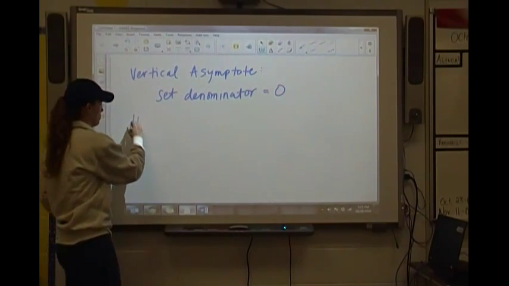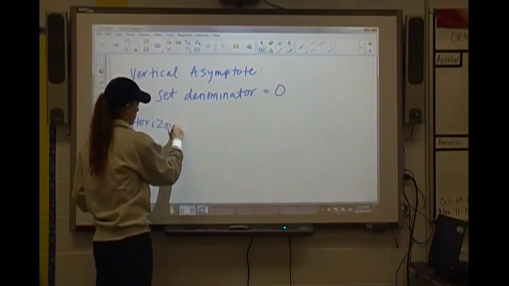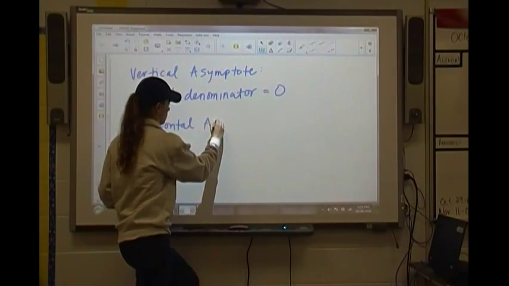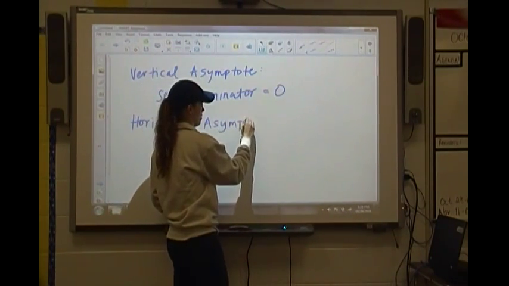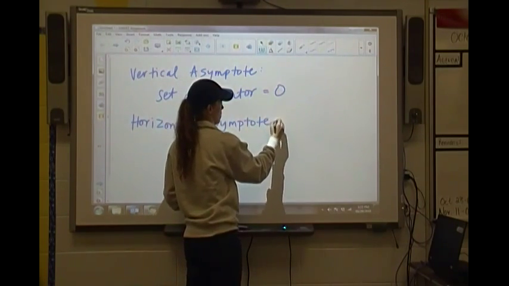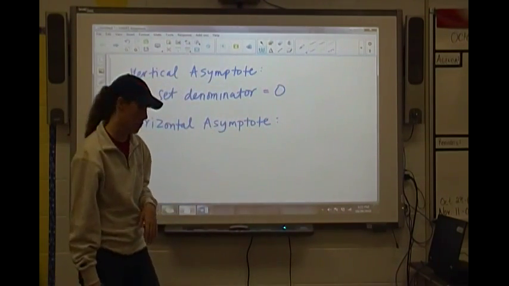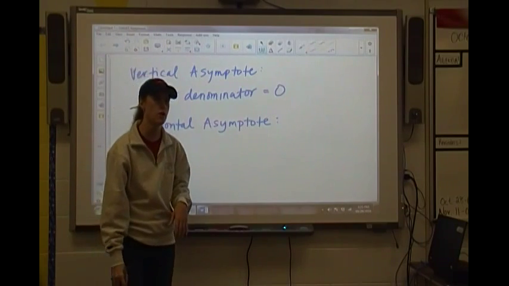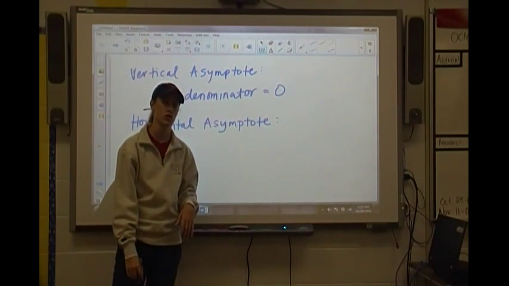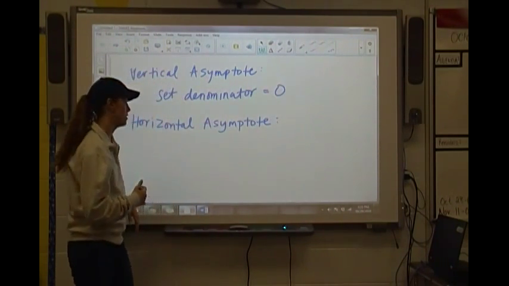For horizontal asymptotes, we have three scenarios that can happen, and the way you find a horizontal asymptote is the relationship between the numerator and the denominator.